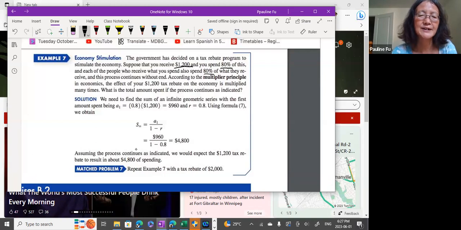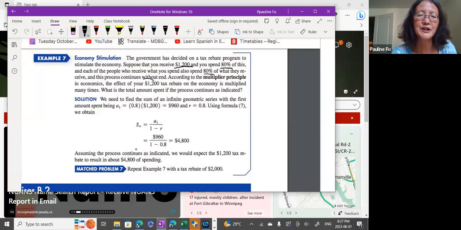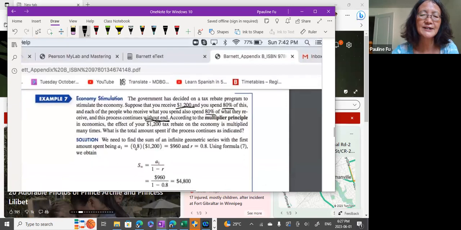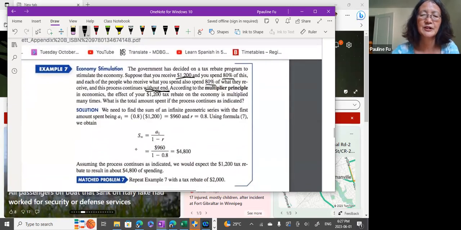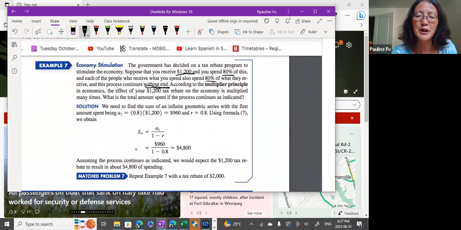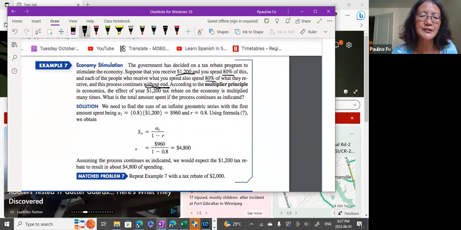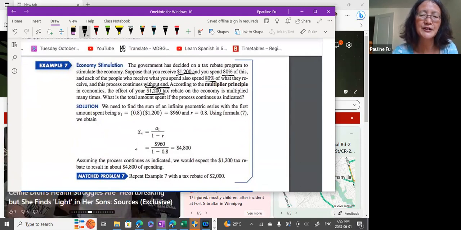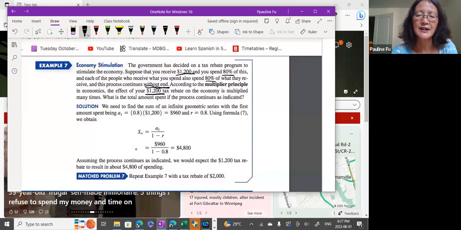And this process continues without end. That indicates this is an infinite series. According to the multiplier principle in economics, the effect of your 1,200 tax rebate on the economy is multiplied many times. The question asks, what is the total amount spent if this process continues as indicated?